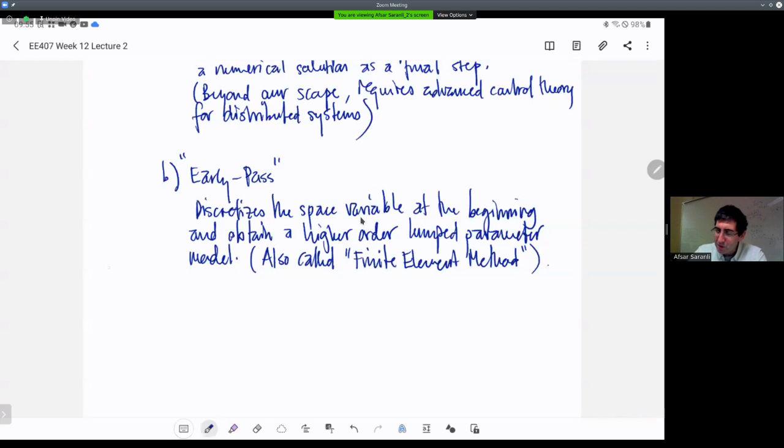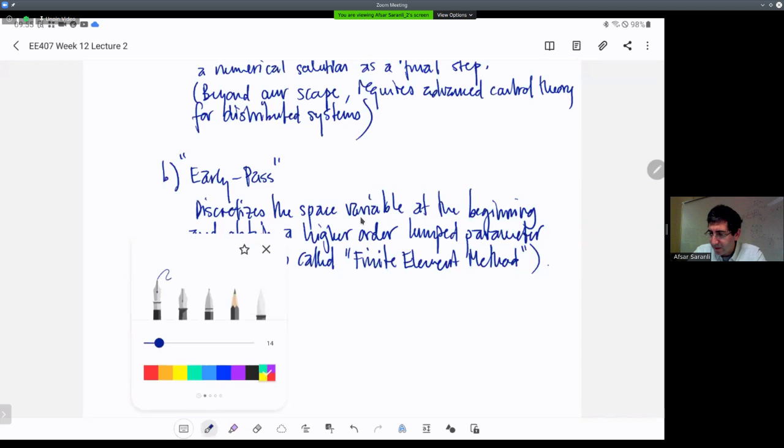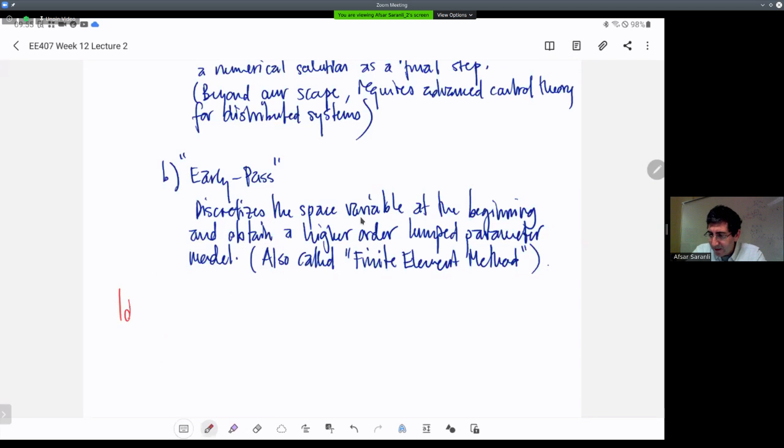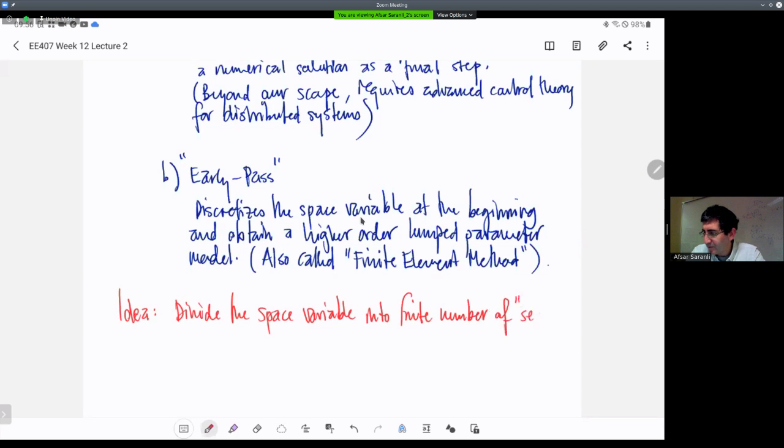Okay, so let me write this for you. The idea is that you divide the space variable into a finite number of segments of small but finite size.